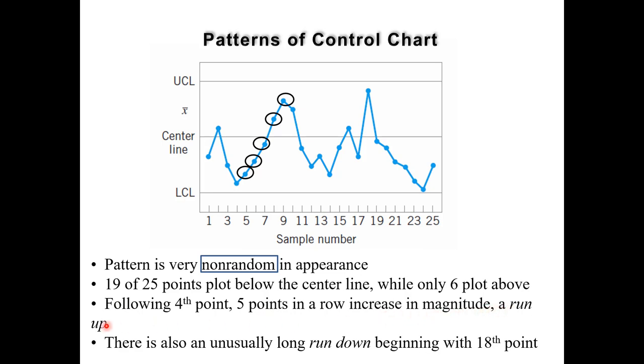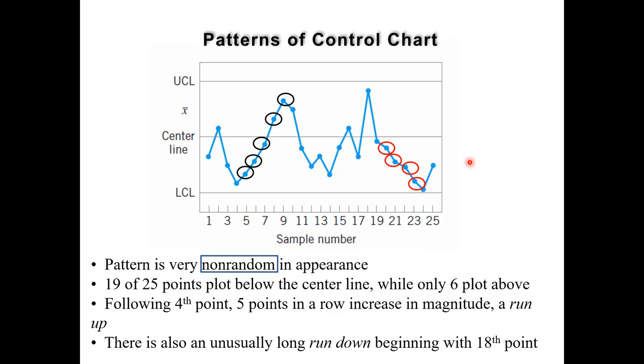This is what you call a run up of the points in the control chart. And there is also an unusually long run down beginning with point 18. If you look at sample number 18, you will see a series of downward points. This is what you call a run down of the control chart.